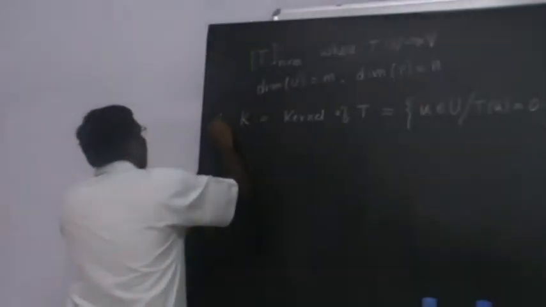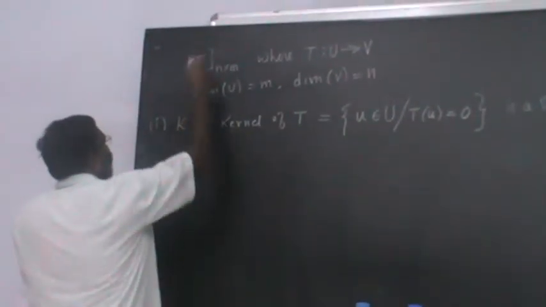This is the first vector space that you can define, pertinent to a given linear transformation.